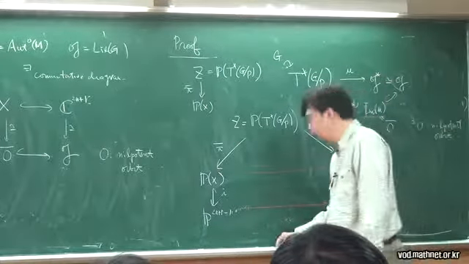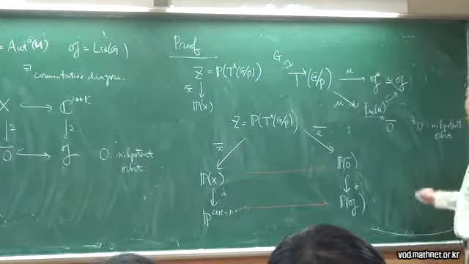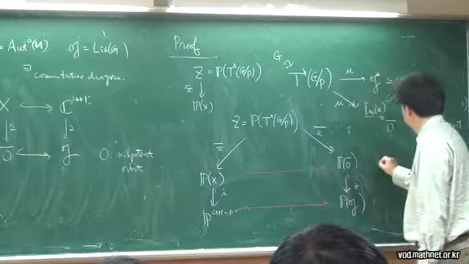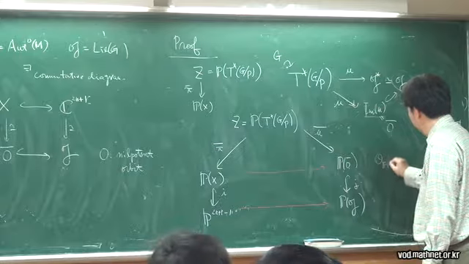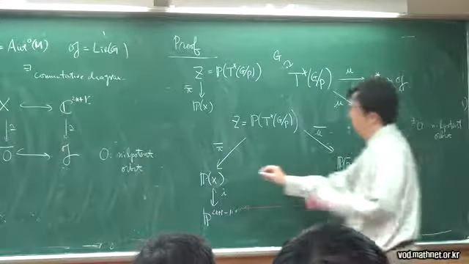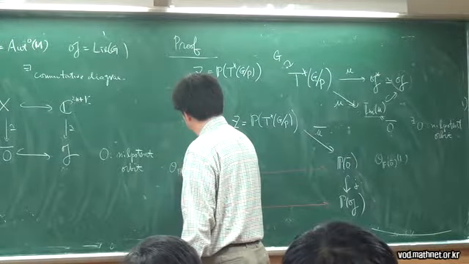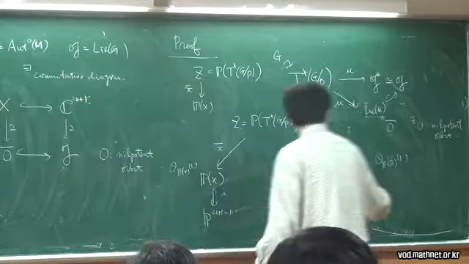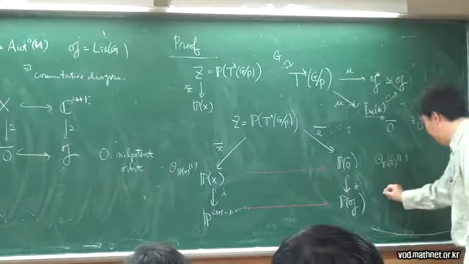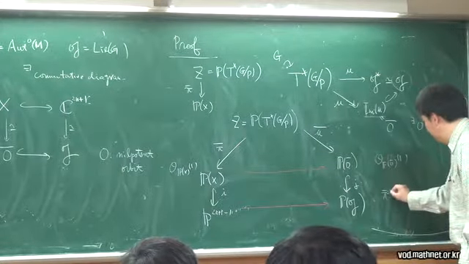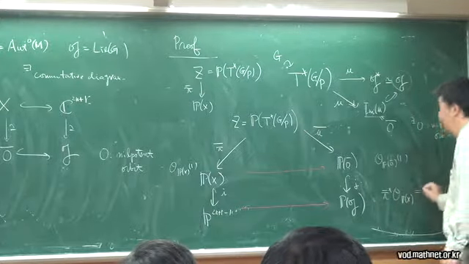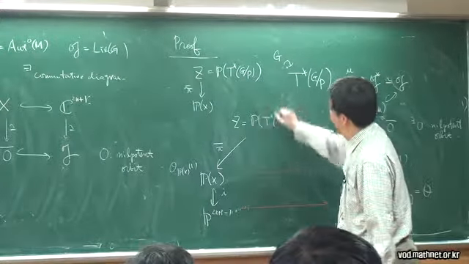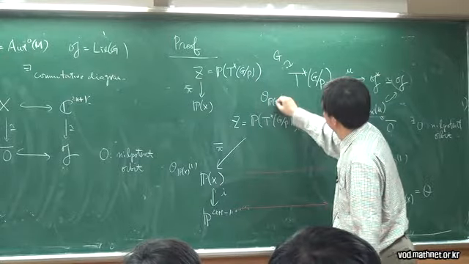But in order to do that, we first check that here you have a tautological line bundle, and here you also have a tautological line bundle. The first thing to check is that this is the tautological line bundle here.